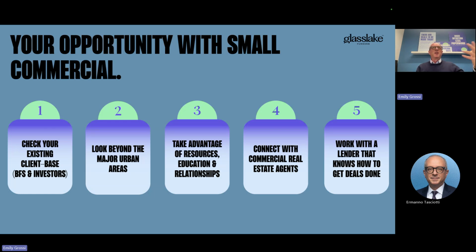You know what I mean? They could buy a 12-unit apartment just outside of Owen Sound, or in Owen Sound, for a lot cheaper than it would be in Toronto. The rent might be a little bit less, but the rents are pretty strong. The math might make more sense and the return might be higher. Well, we can finance that property, right? We can look at financing that property.